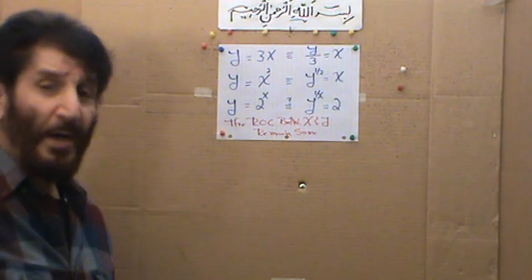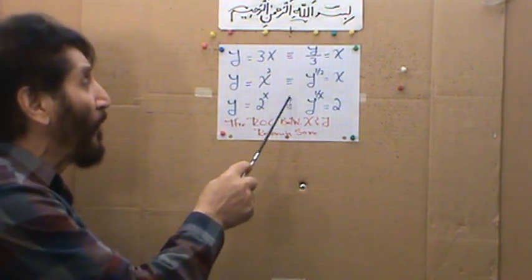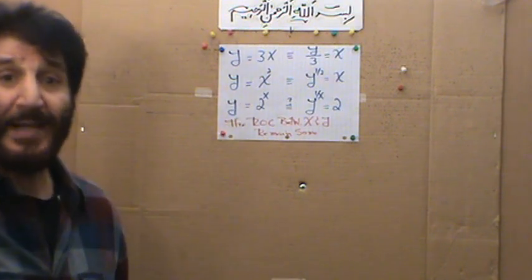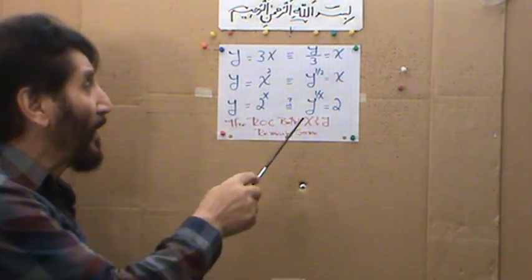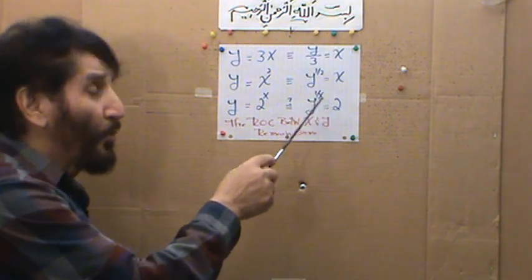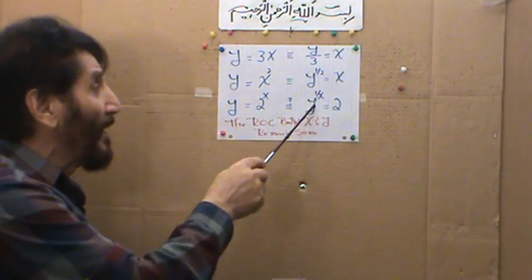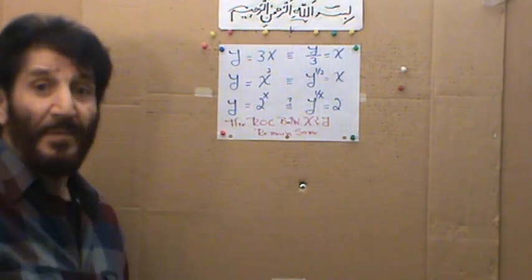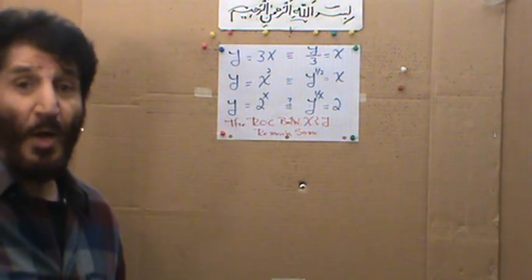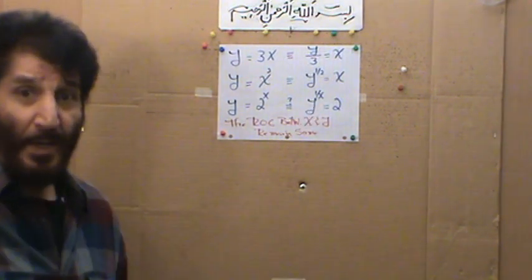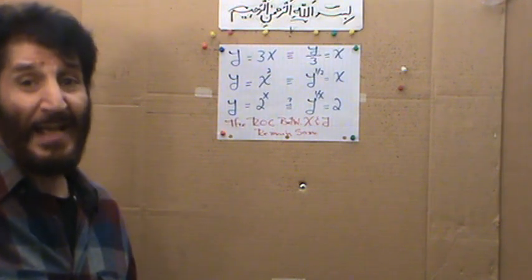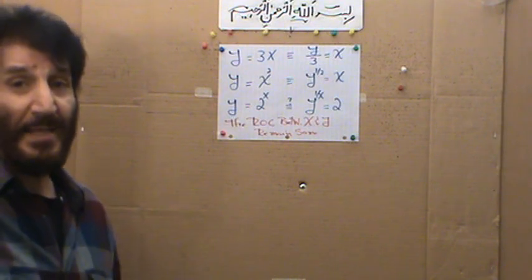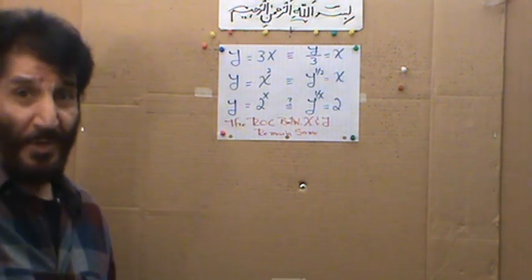Then I come to the idea: what I did to this, can I also do it to this one? Meaning, raise both sides to the power of 1 over x. So I come up with y to the 1 over x equals 2. But this looks a little strange to me, because I know how to interpret it when x is an integer, but when x can assume different real numbers, except 0 in this case, are they the same or not?